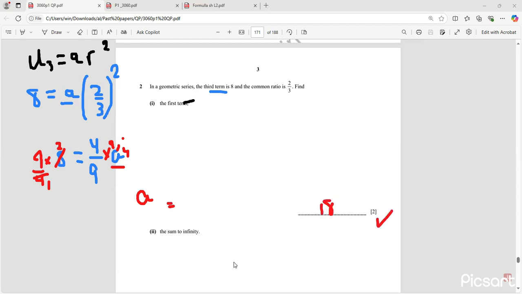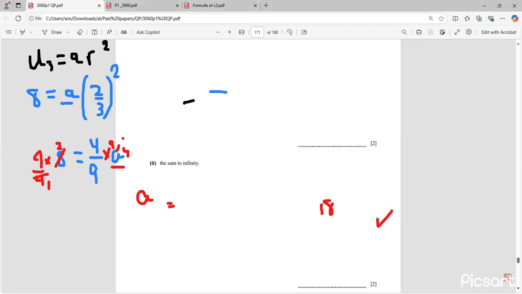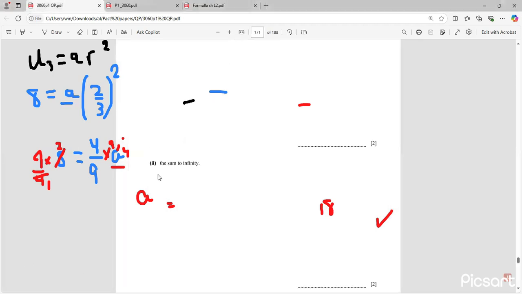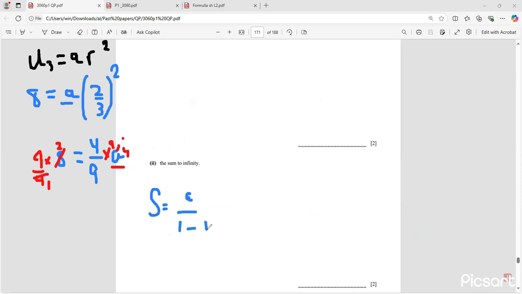Let's see the next. Here he asks you the sum of infinity rule, and you'll also find the rule in the formula sheet: a over 1 minus r. You just write the sum of infinity, which you refer to as S. So the sum of infinity will be a over 1 minus r, and a here is 18.